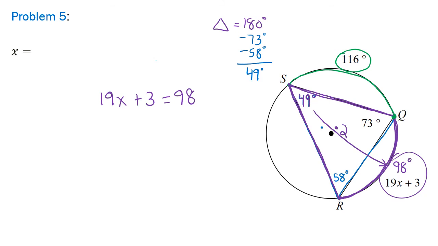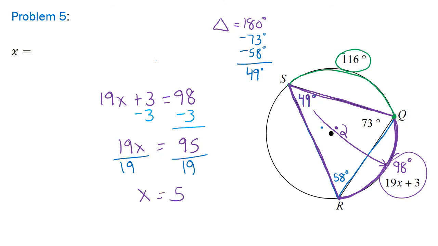So I have 19x plus 3 equals 98, minus your 3 over to get 95. Then divide by 19. And we get 5 for our x. So this has really reinforced the idea.